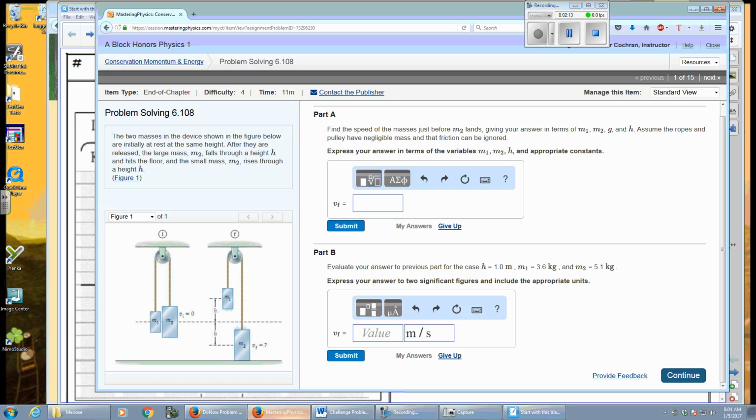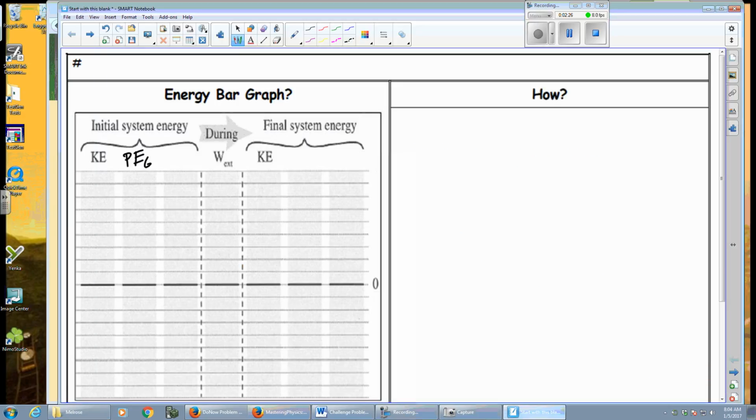And then M2 goes down and M1 goes up, and they're going to change the amount of energy they have. But let's start off, we'll give it a high amount of PE grav. All right. Is there any external work done as it goes from the initial to the final, do you think? Nope. So we got the same amount of energy to use over on this other side.